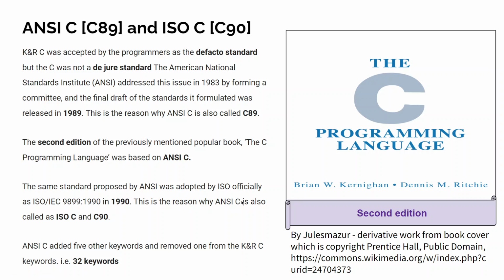This is the reason why ANSI C is also called ISO C and C90. These are the standard names. ANSI C added 5 keywords and removed one from the K&R C keywords. Previously there were 28, they added 5 more, that makes 33, and removed one, so the total number of keywords in ANSI C is 32.